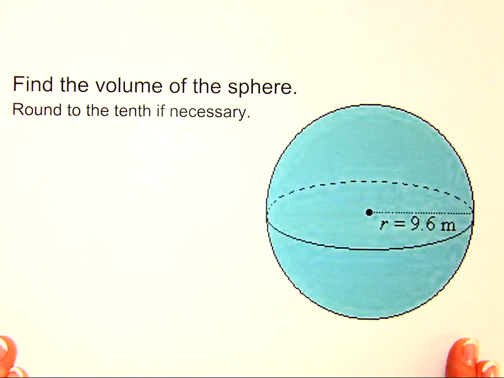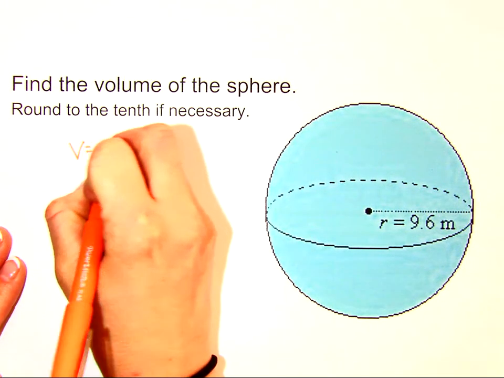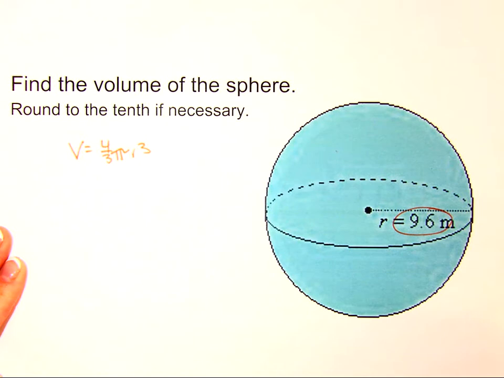So go ahead and try this one on your own. Find the volume of the given sphere. So volume is 4/3 pi r cubed. This time I did give you your radius.